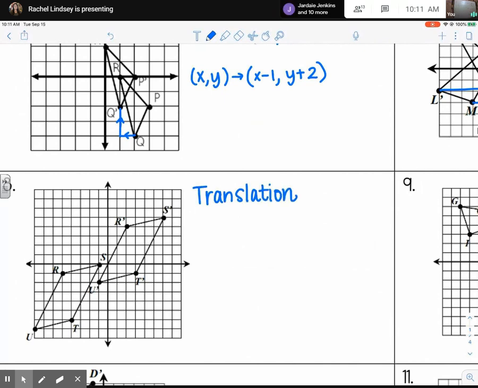I'm going to start at T. So to get from T to T prime, I go 1, 2, 3, 4, 5, 6, 7. In what direction? 7, right? 7 right, 5 up.